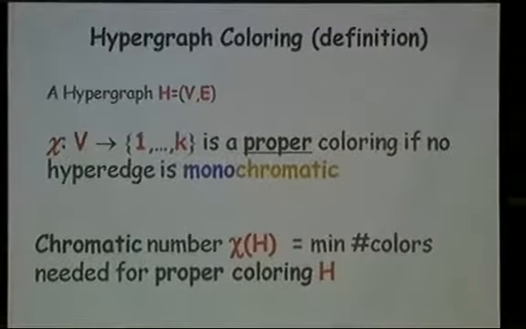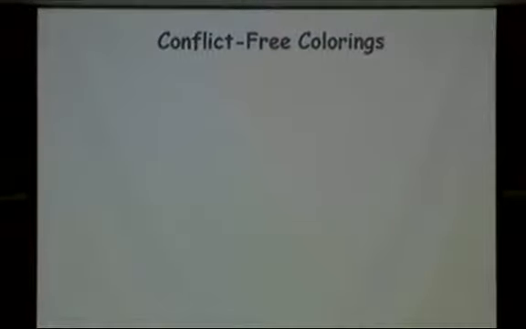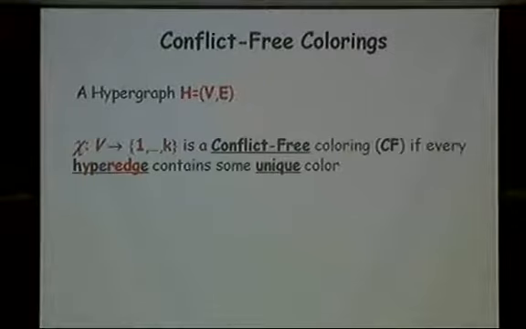I want to talk about a more restricted generalization of a hypergraph, which we call conflict-free colorings, or CF coloring in short. It's again a function that assigns elements, which we call colors, to the vertices in such a way that now every hyperedge has at least one uniquely colored vertex.